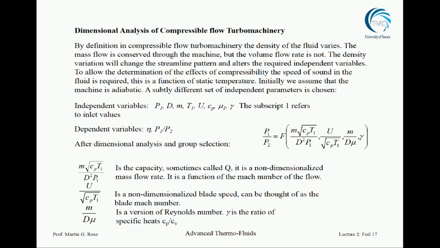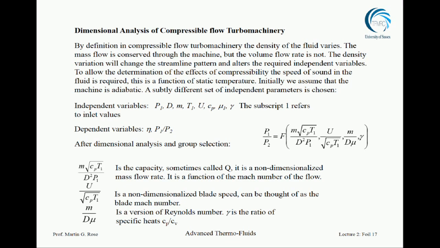The list of independent variables grows. We had 5 for the incompressible machine. We're now up to 1, 2, 3, 4, 5, 6, 7, 8. So there are 3 additional variables that come through. And that's still when we're ignoring heat transfer. So this is still an adiabatic analysis. If you include heat transfer, then you get 2 more terms, but we'll mention that later on.